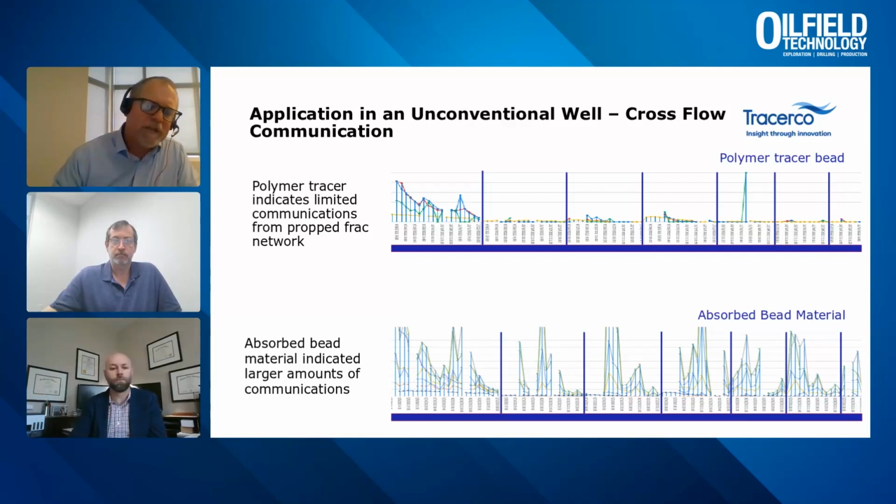So if the investigation and the goals and objectives are to understand long-term production from the prop frac length, a polymer tracer is an ideal candidate, especially if you're looking at long-term toe contribution of a well. If workovers or sand production are an issue where bridging exists, those are a good application method for this.